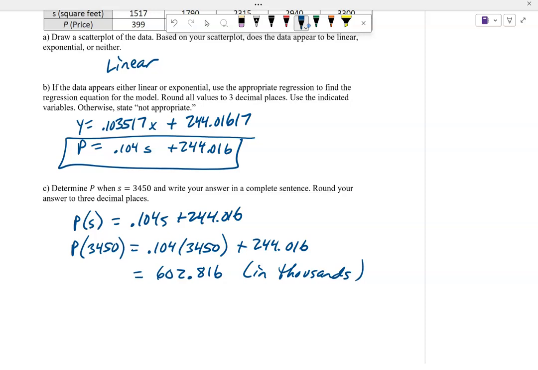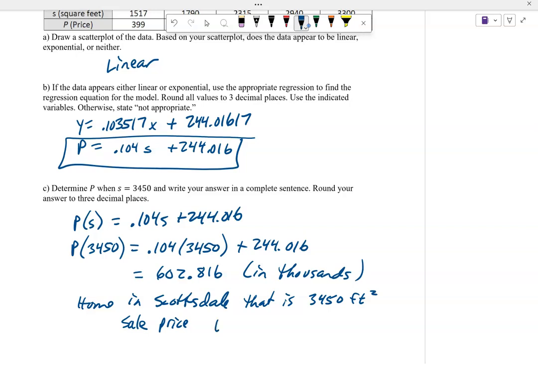So a home in Scottsdale, Arizona, at the time of this data, that is 3,450 square feet, would have a sale price cost you $602,816 at the time. Probably a lot more than that right now, I'm sure.